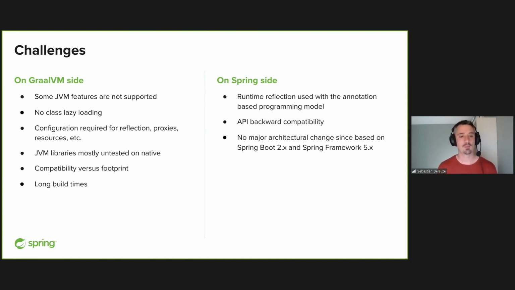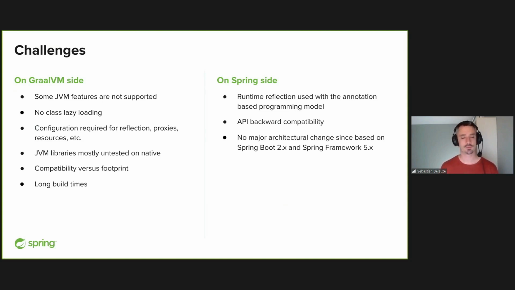JVM libraries are mostly untested on native, so each framework needs to provide the native support and do the testing part, and obviously it's just at integration testing level. It provides less quality than proper native testing for each project.